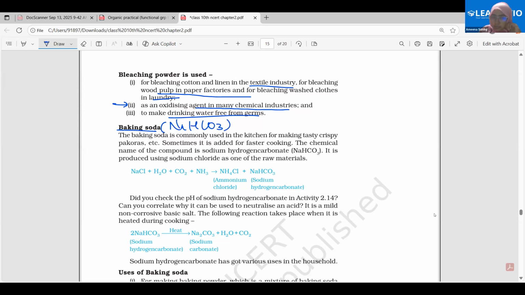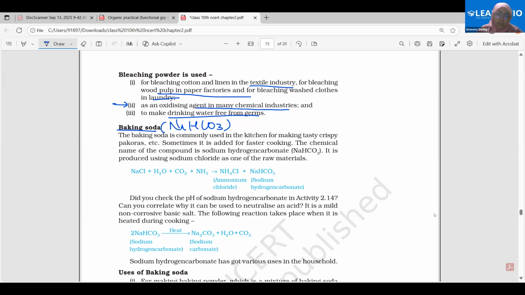Now tell me the acid and the base which are used to form this sodium hydrogen carbonate. I've discussed this. Carbonic acid is used here and sodium hydroxide, right? Sodium hydroxide is a base.